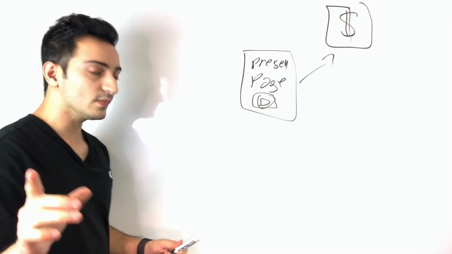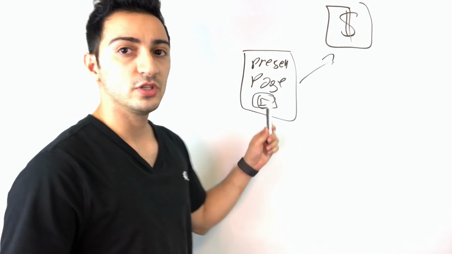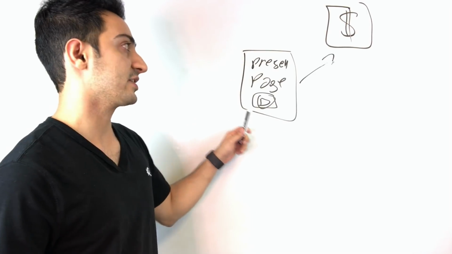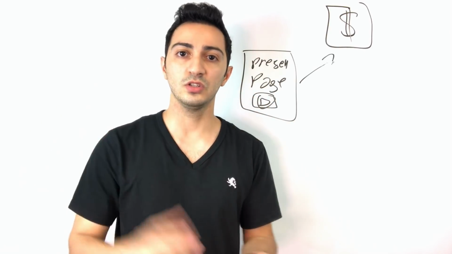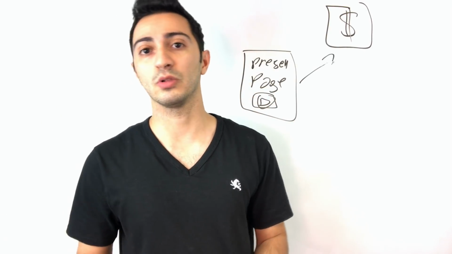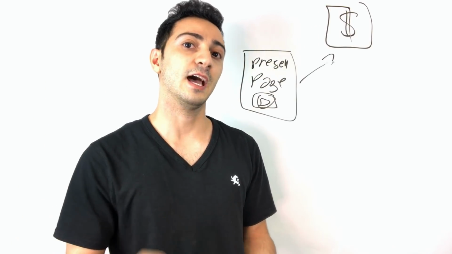Now this is where a lot of people make mistakes, because in order to actually get people to take action on this pre-sale page, you need to do a couple of things. When it comes to doing Google Ads to get affiliate sales, you need to understand the traffic and what they want.